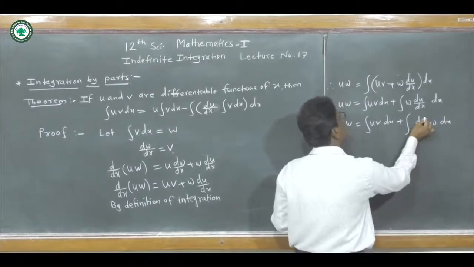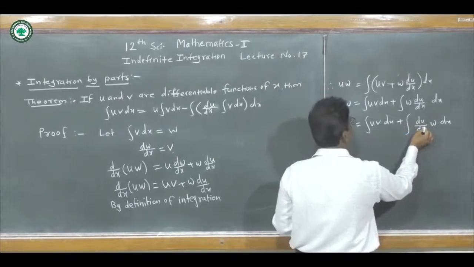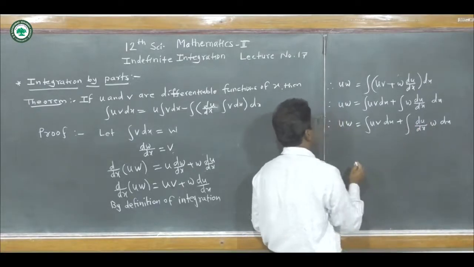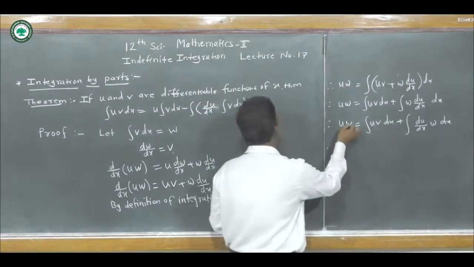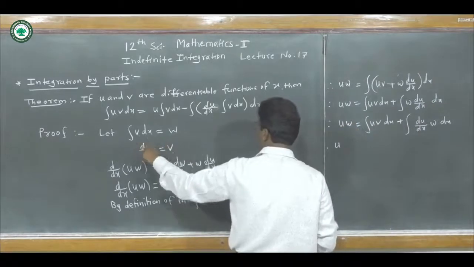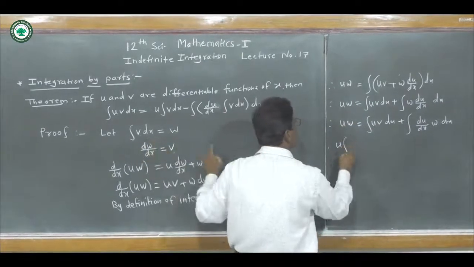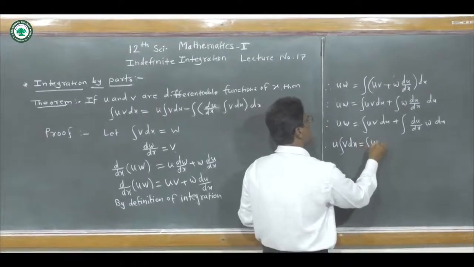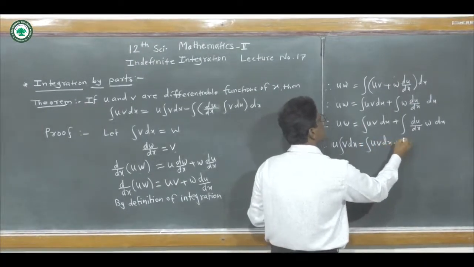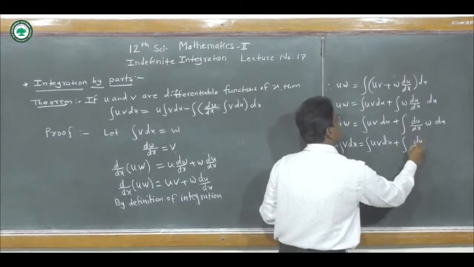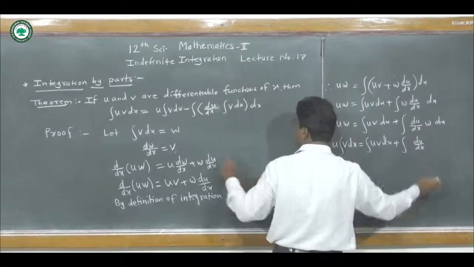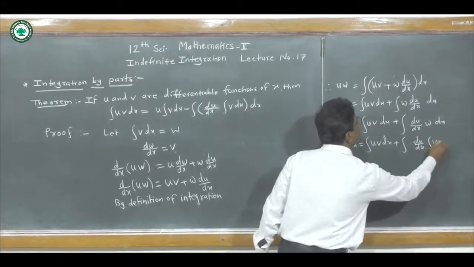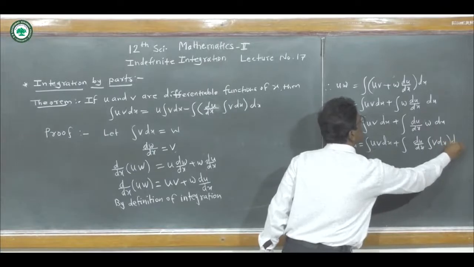And now we put the value of w on the left side and also on the right side, and therefore w is here integration of v dx. So it is u into integration of v dx is equal to integration of uv dx plus integration of this du by dx as it is, and now put the value of w as integration of v dx with respect to x.